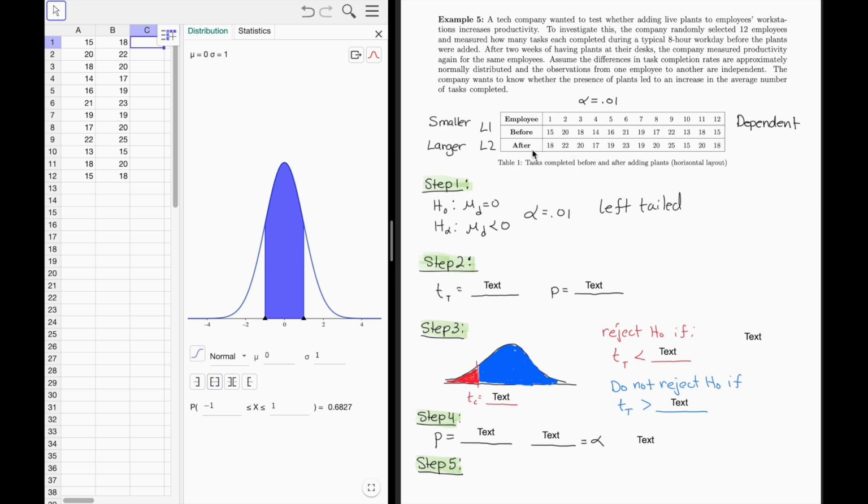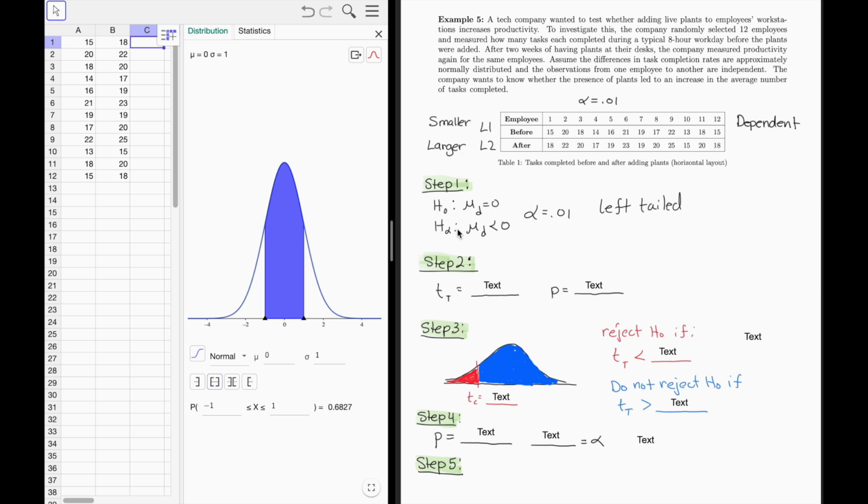Because we're checking to see if the number of tasks after is larger than the tasks before, if I take this set of values and I subtract this set of values, if I take a smaller and minus a larger, that's going to be negative.